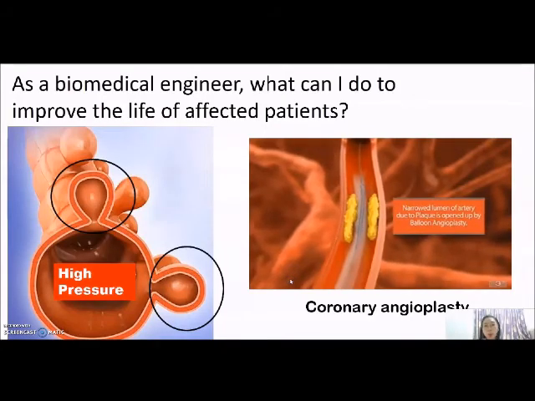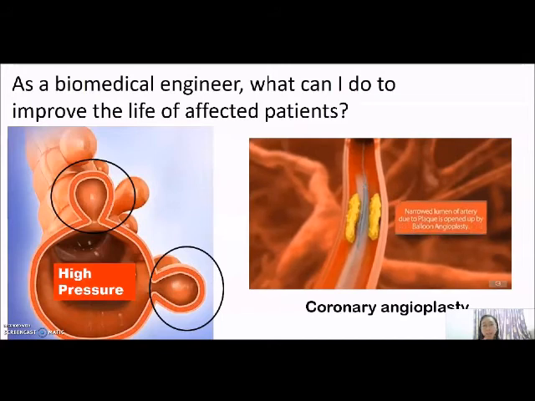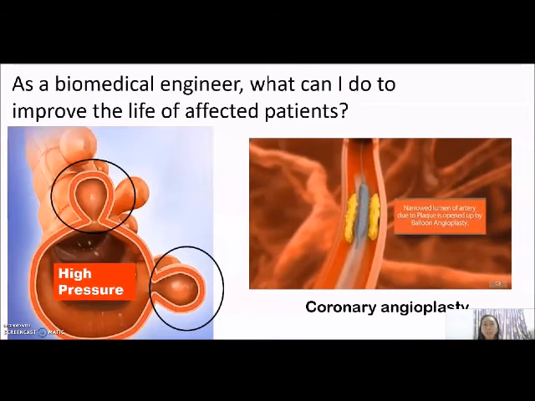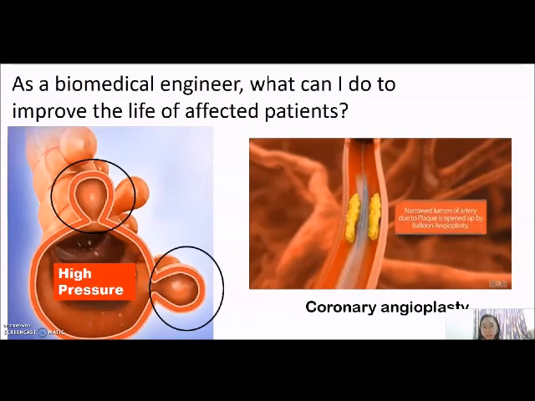Once we expand the colon, the diameter of the colon will increase. Therefore, the pressure inside the lumen of the colon will decrease as well. Thus, it will reduce the possibility of formation of diverticula in the colon.